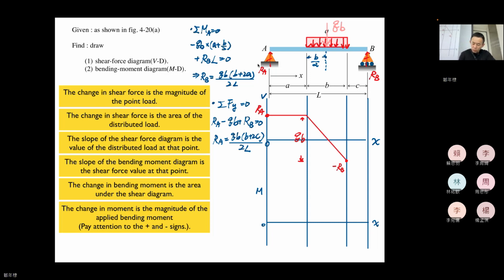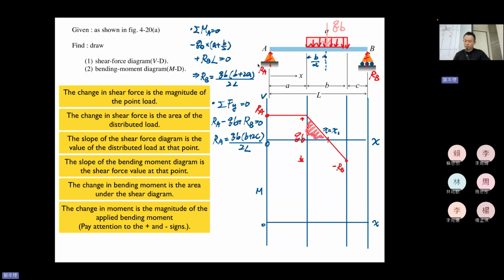So now, what will it be for this X1? Because A is not equal to C, which means that RA and RB are not equal, right? Which means that this is not half of L, right?